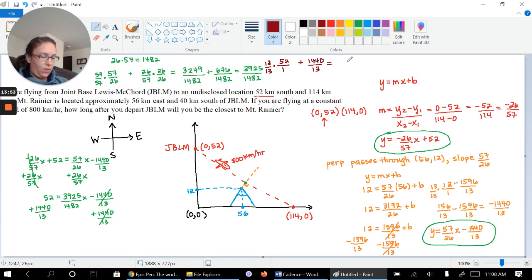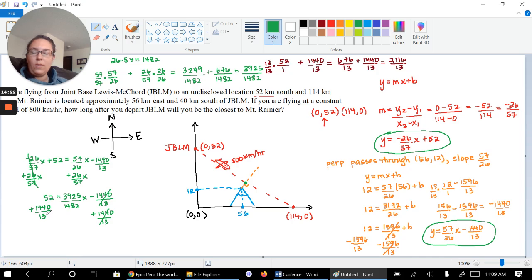So 52 times 13 is 676. So 676 over 13 plus 1440 over 13 will equal 2116 over 13.